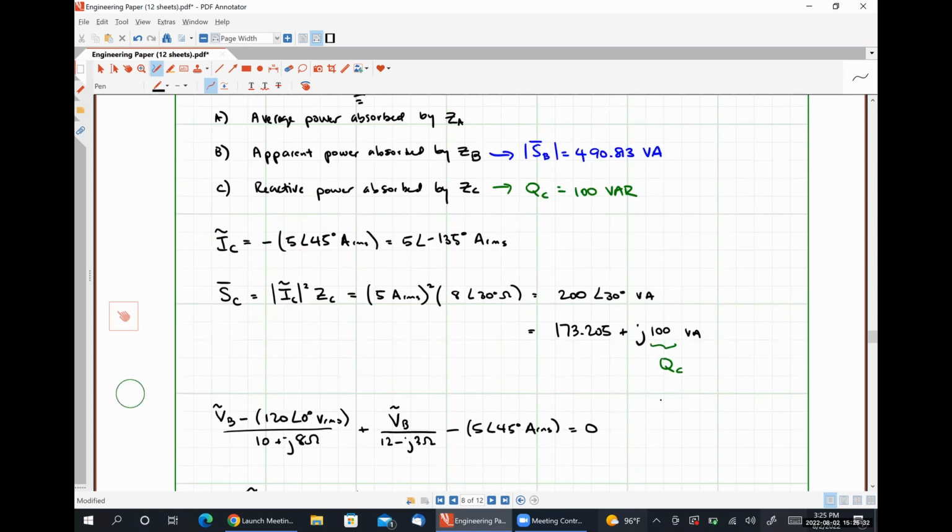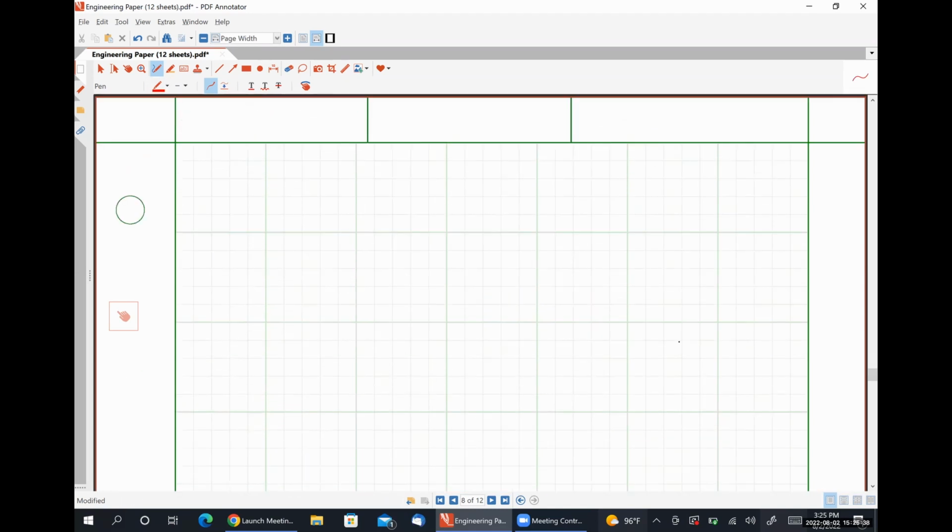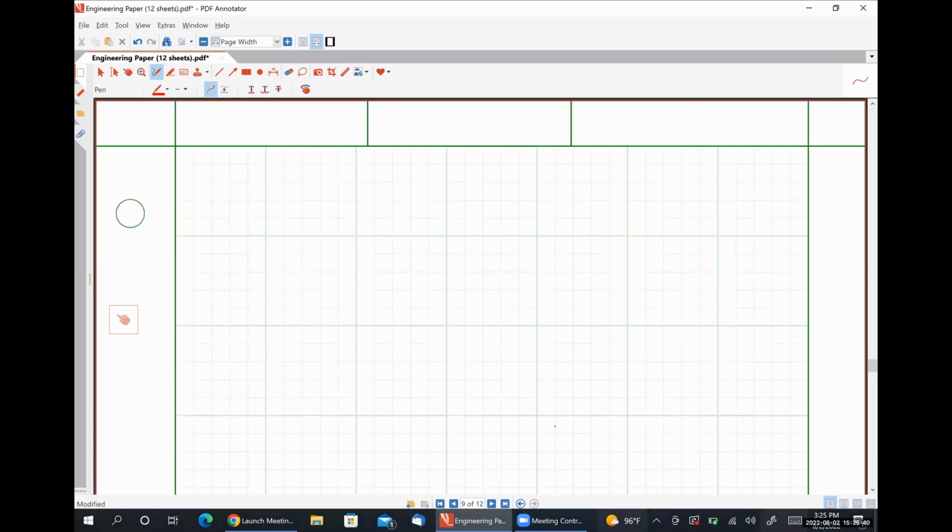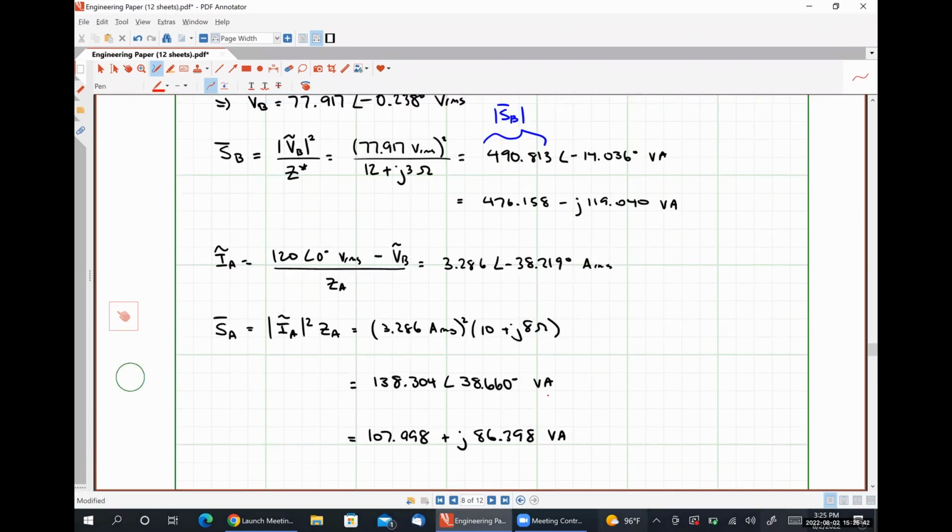And because I'm looking for the average power, I simply need to take the real part of the rectangular form. So this is PA, 107.998 watts.